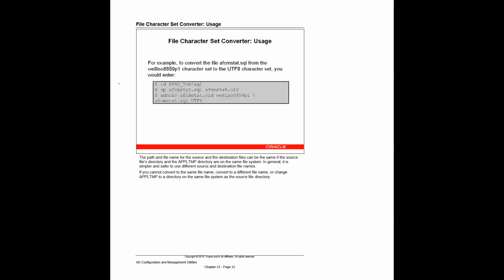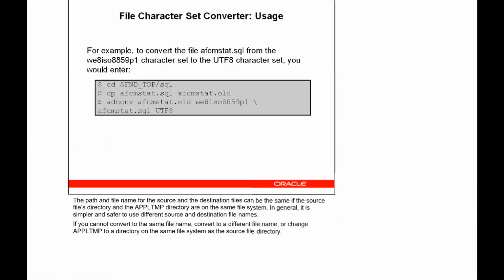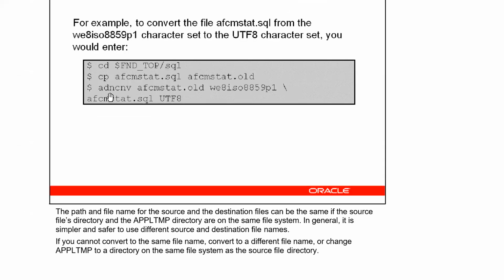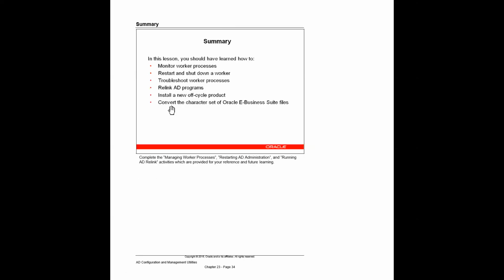So the correct command is this one, right? adncnv, what is your old character set and what is your new character set? So it will basically convert from one character set to another character set. Yeah, so that's the one.